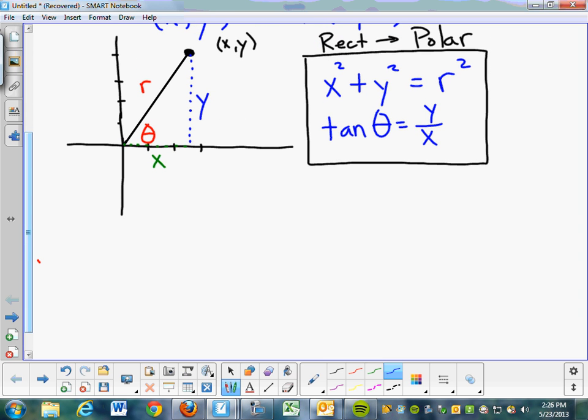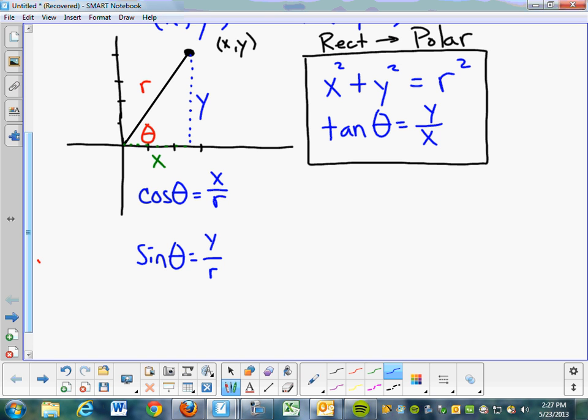Now, let's say we want to go from polar to rectangular. Well, that's a little bit different. I'm going to use theta, r, and x here to express the relationship. Namely that the cosine of theta is equal to what? What's cosine of theta? SOHCAHTOA. Adjacent over hypotenuse, which is x over r. And sine of theta is equal to y over r.